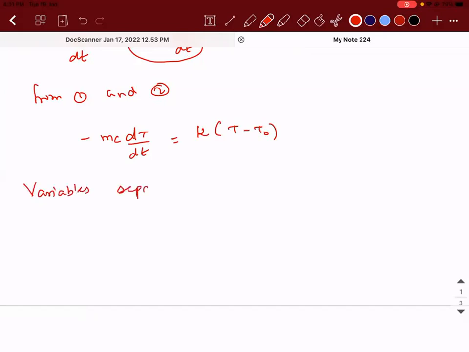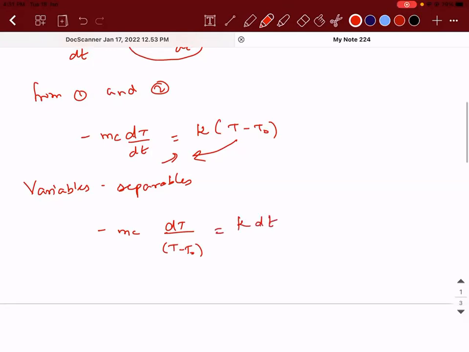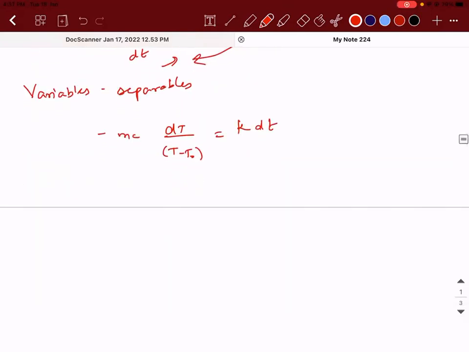Now, if you observe, you need to apply variables separable. In the sense, you need to bring t minus t naught to this side and take dt to the other side: minus mc into dt divided by (t minus t naught) is equal to k into dt. I'll take the minus sign to the other side.